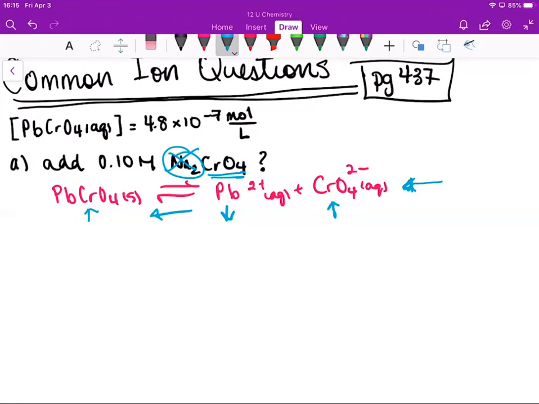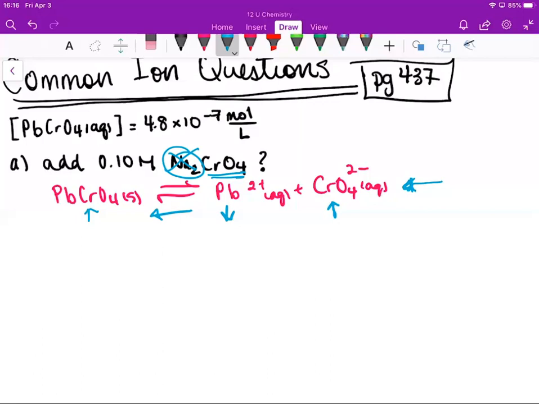So that's what the common ion questions are all about, is how solubility is affected by the additional ions that are in solution. So just think about in chemistry class, the labs that we did, we always use distilled water, and we use distilled water because we don't want the other ions within the water to affect our results. And sometimes they still do.